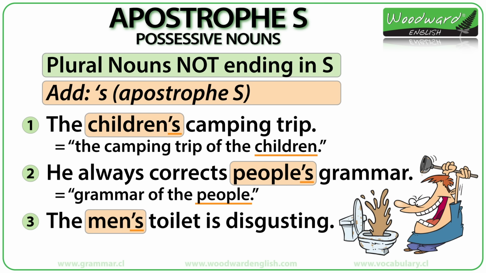So our example sentence: the men's toilet is disgusting. This refers to the toilet for the men, or the toilet that is used by men. Man is singular. The plural of man is men.